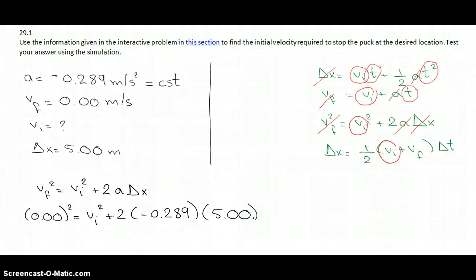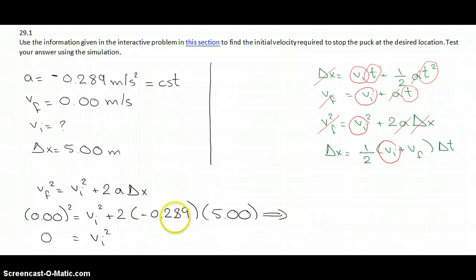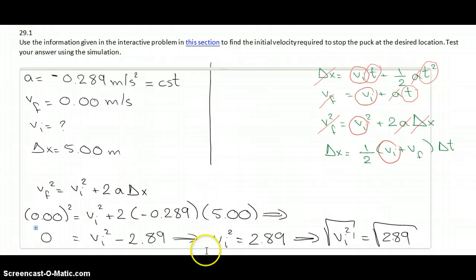Now I solve for Vi. 2 multiplied by negative 0.289 multiplied by 5 is equal to negative 2.89. Then this means that vi squared equals 2.89. I take the square root of both sides, and I use my calculator to find it.